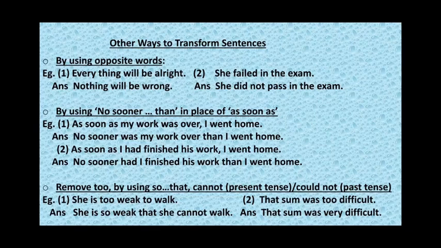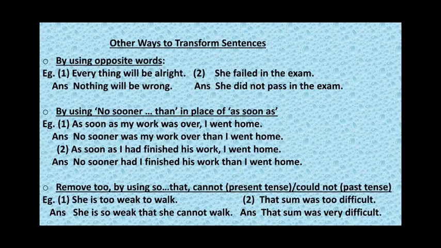Next is remove too by using so that. So here you can use cannot in the present tense and could not in the past tense. For example, she is too weak to walk.